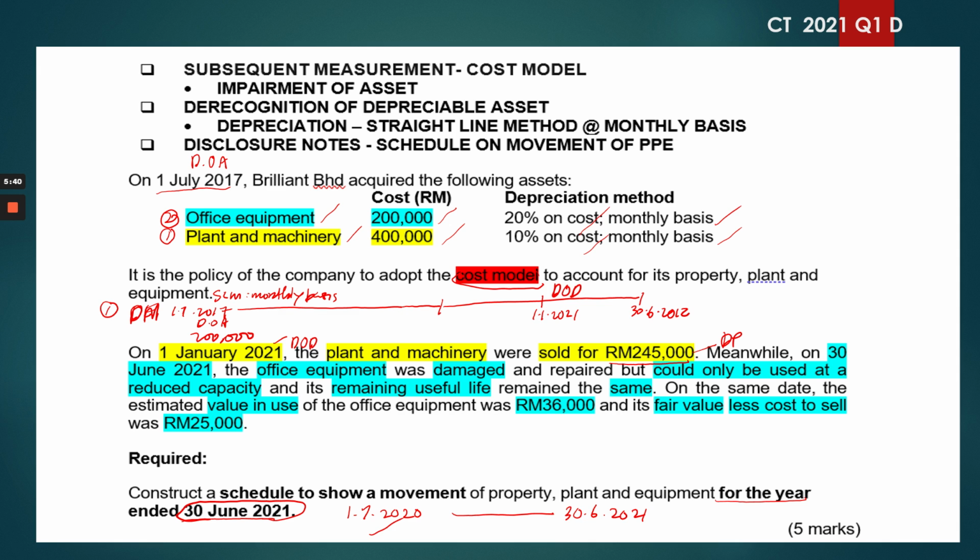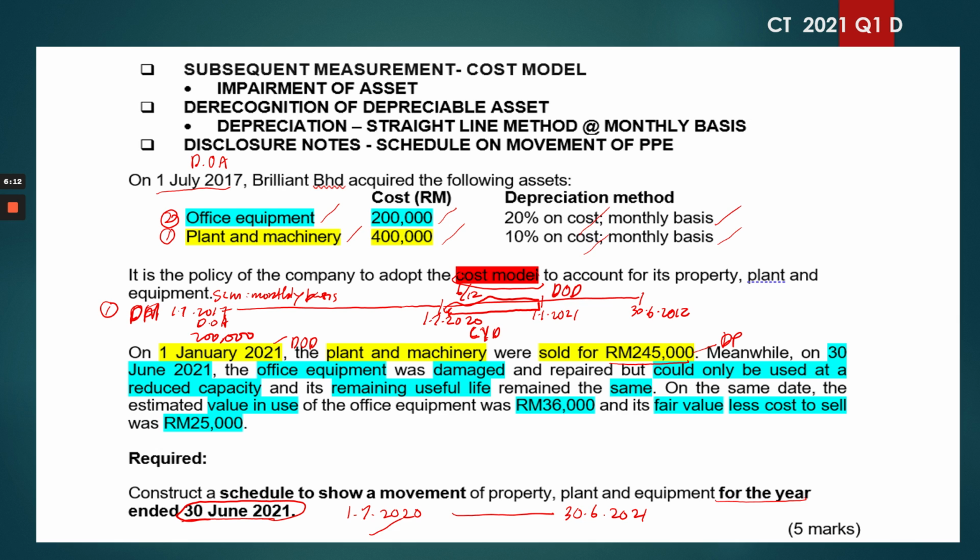So if you follow monthly basis, in the year that you dispose, you can see here that there is some 6 months here. So this one is 1st of July 2020. So from 1st of July 2020 up until 1st of January 2021, you need to still find what is the current year depreciation, CYD, for this period.